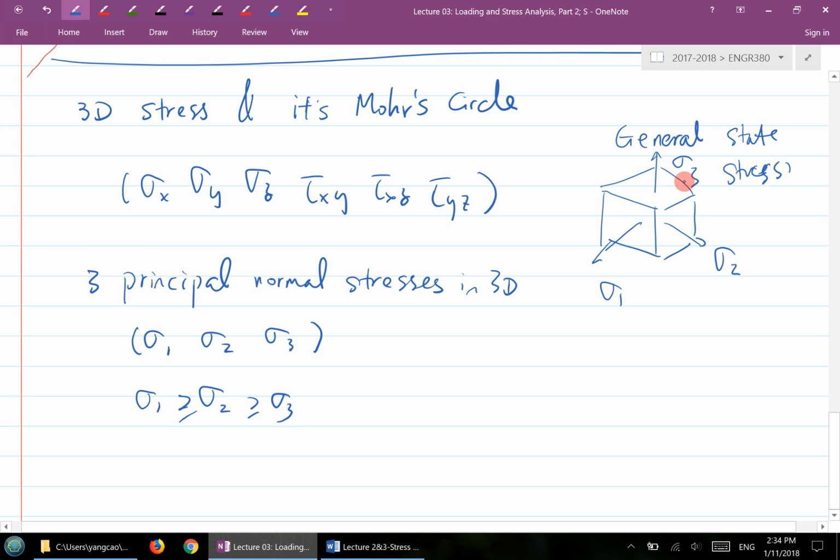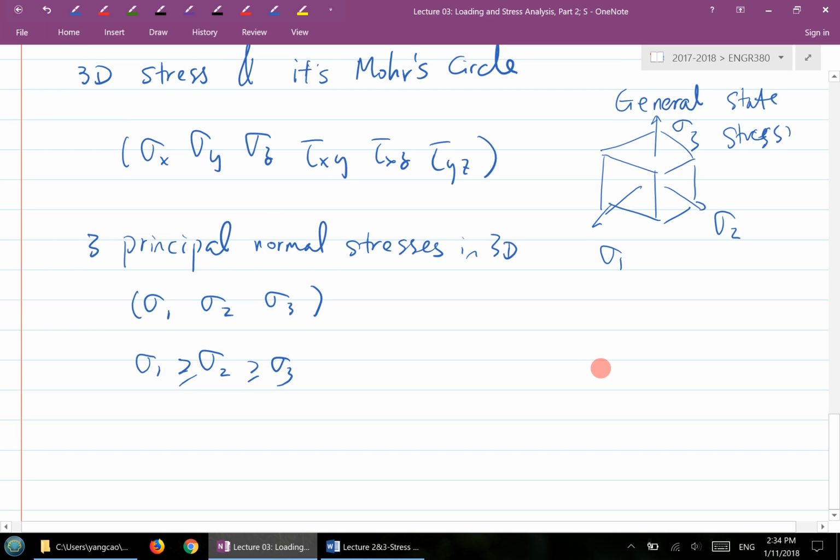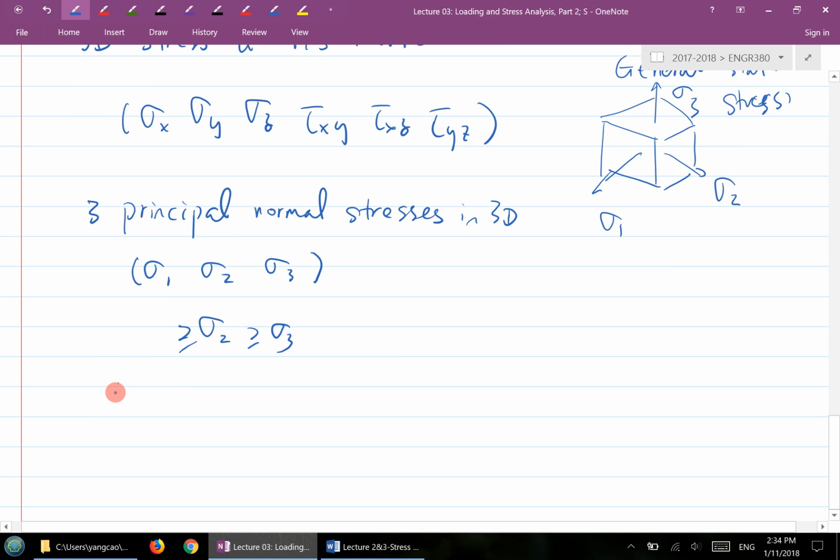So the question is, how much is sigma 1, sigma 2, sigma 3, and in what direction are the 3 normal stresses pointing? That direction will give you the orientation of this cube. Those are the 2 tricky pieces of information that have to be answered when you have a 3D stress element: what sigma 1, sigma 2 and sigma 3 equal, and the directions.